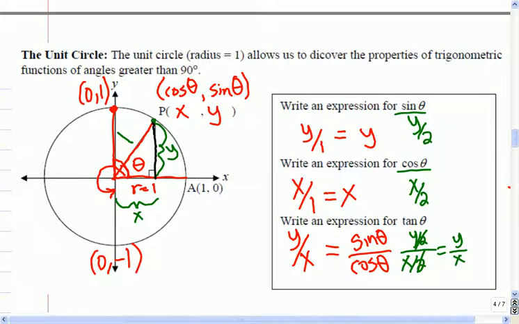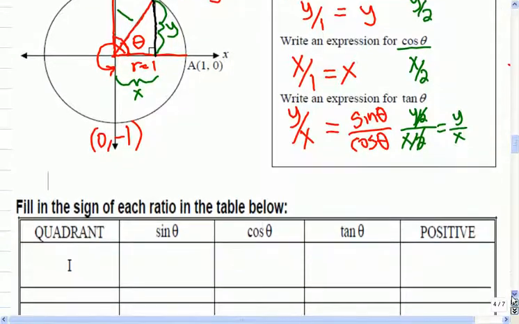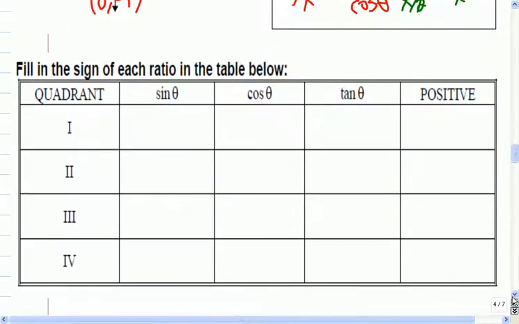Okay? Here's how we use them. Okay. So let's think about this. We're going to fill in the ratio for each thing. Okay? So let's just remind ourselves that the sine of theta, that's the y coordinate, that's the x coordinate, and that's y over x.